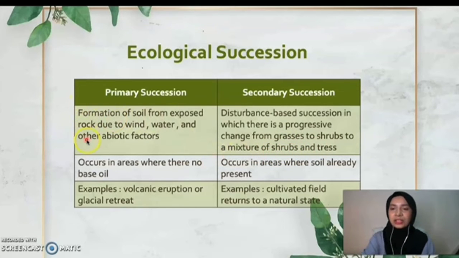Primary succession occurs in areas where there is no base soil. However, secondary succession occurs in areas where soil is already present. An example of primary succession is a volcanic eruption or glacier retreat, and an example of secondary succession is a cultivated field returning to a natural state.